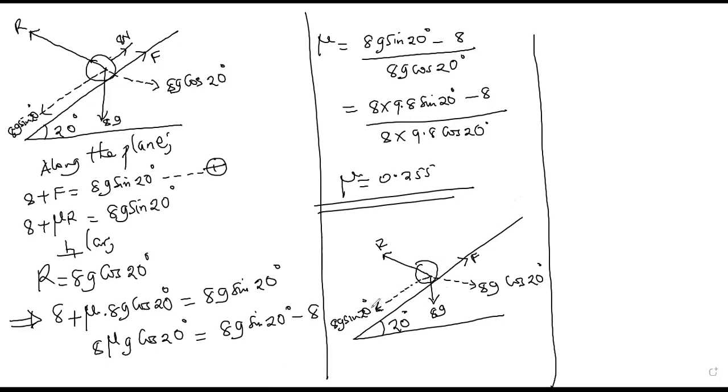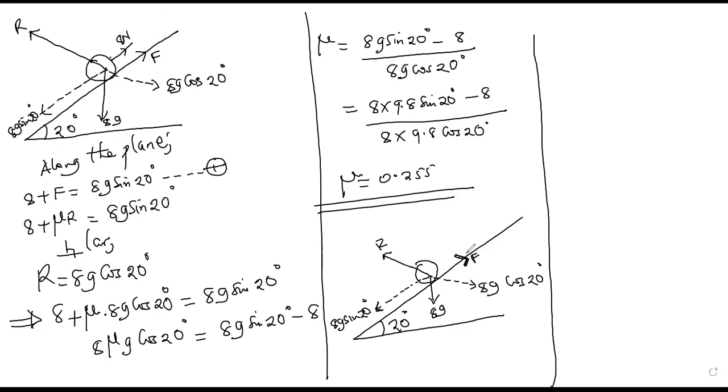The body will be coming back down. So the frictional force will still be acting upwards. The 8 newton force was moving it up until it reached the top. After reaching up, this force was removed. Now the body is sliding down, and the inclined plane being rough, the frictional force will be acting upwards. Is that okay?